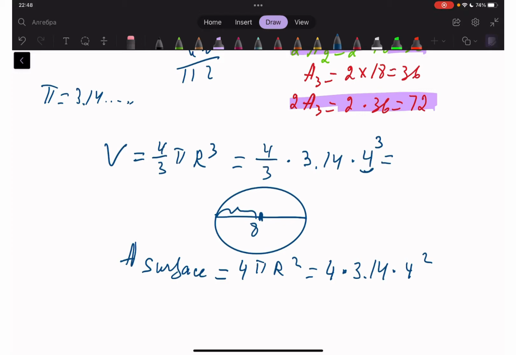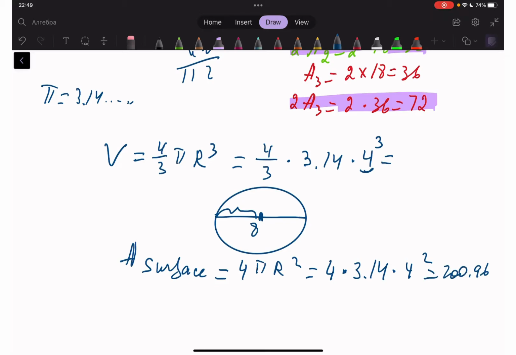4 times 4, hold on, let me see. 4 times 4 times 3.14, and it's equal to 200.96.